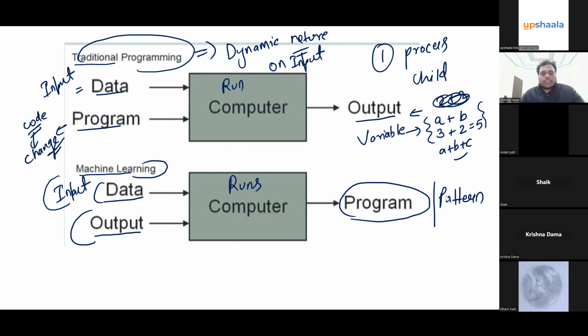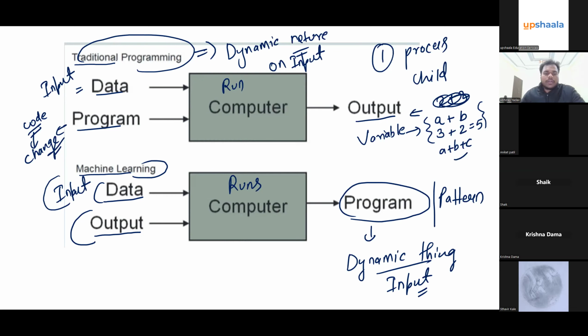You can consider both as input. It executes in the system, and after executing it forms one pattern, and that pattern helps us deal with dynamic input. This is the major difference between traditional programming and machine learning.